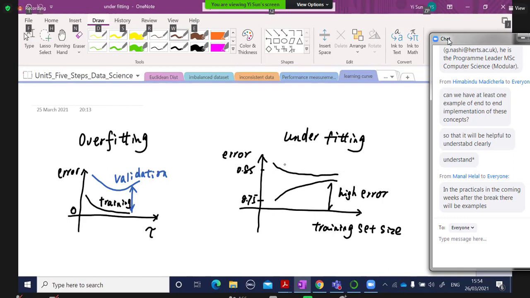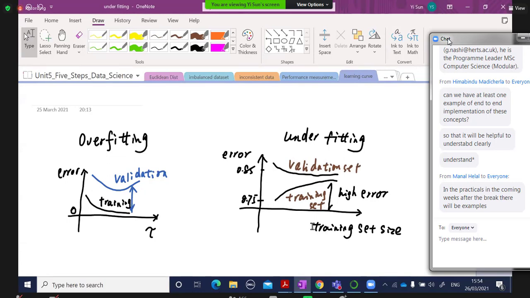What I mean is this one is the validation set curve, and this one is the training side.